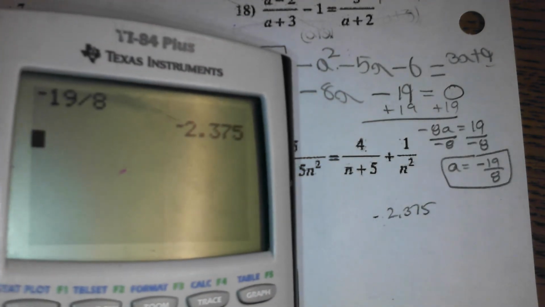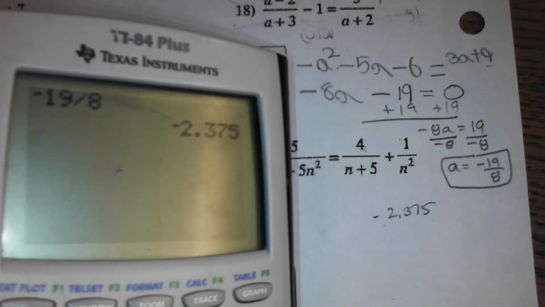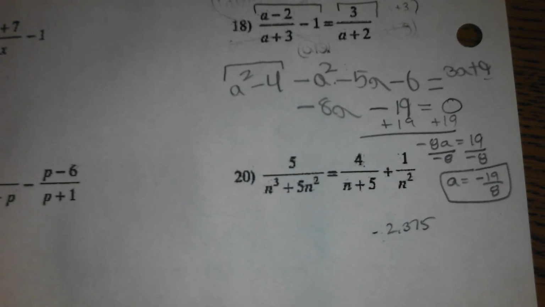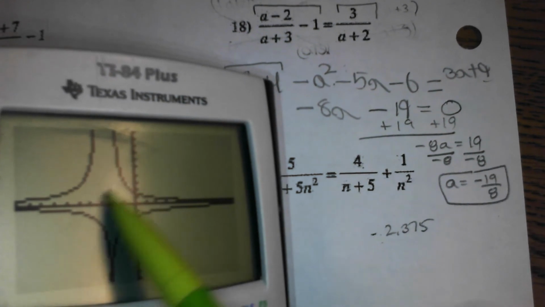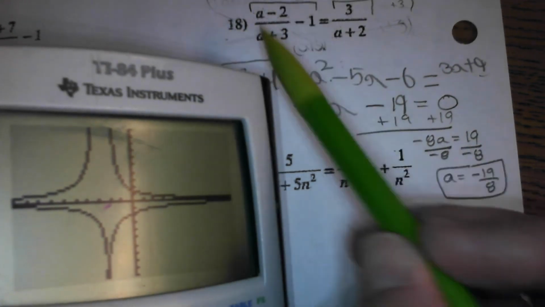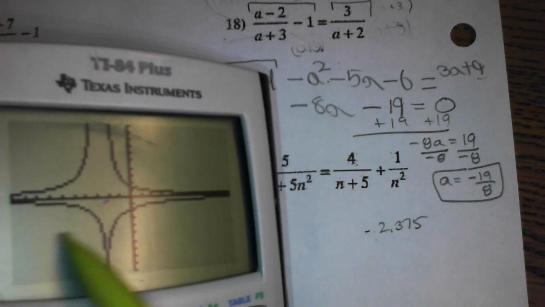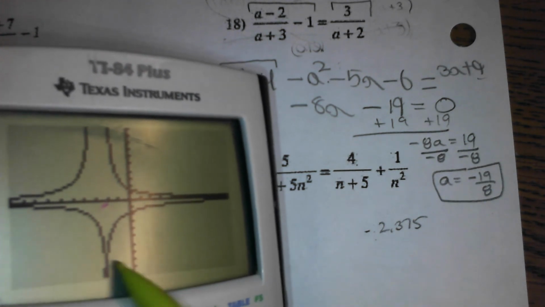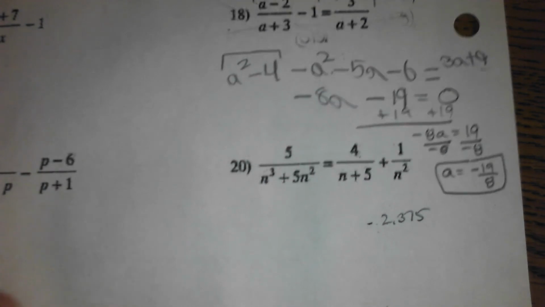So you can always use your calculator to check if you're suspicious. Okay? It's a little tricky because the graph of it is pretty ugly. You know, rational graphs come in parts like this. So the left side was these two parts, and the right side was these two parts, and they only crossed really there. Okay? Nice job.